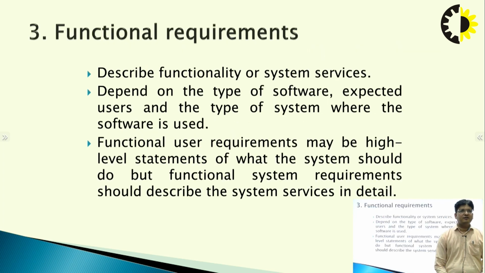Next are functional requirements. These are the foremost requirements that are desired from the system. These basically define the functionalities, various features or services that our software has to provide. These depend on the type of software, meaning what type of software we want to produce, whether it is a generalized product or a specialized product, what the expectation of the users is, and the type of system where the software is to be used.